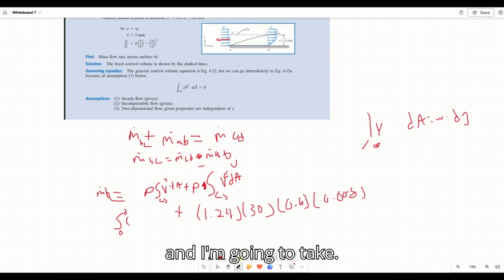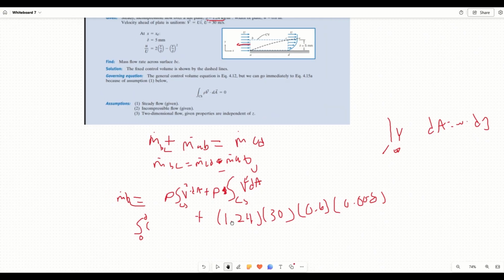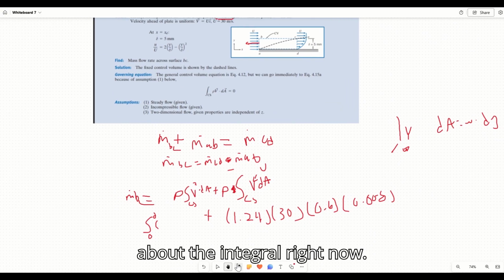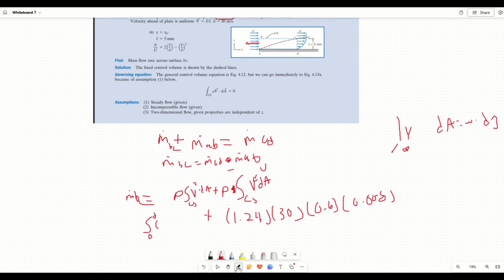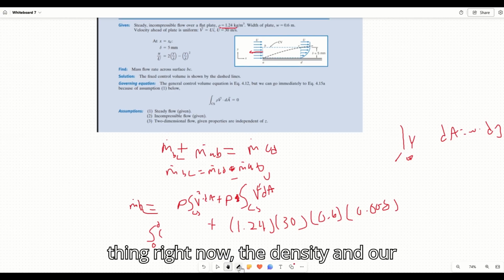And I'm just gonna worry about the integral right now, because that's gonna be the important thing right now.